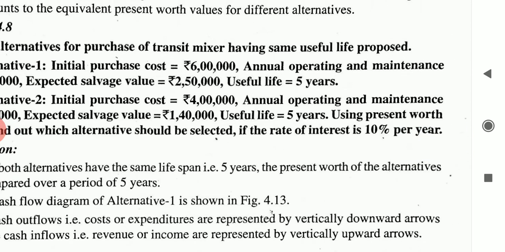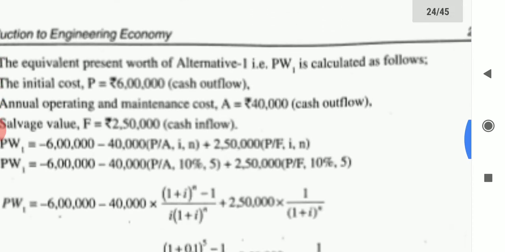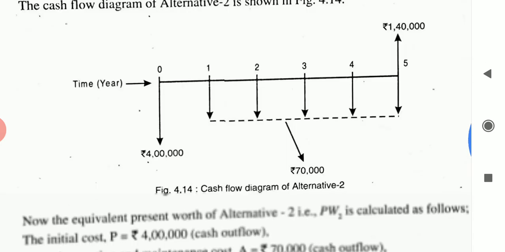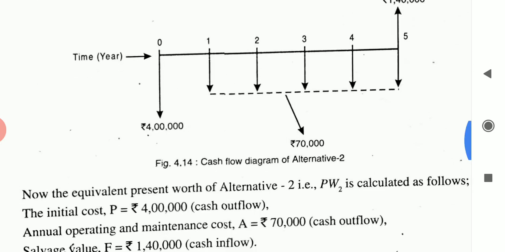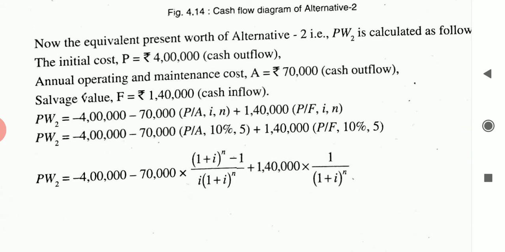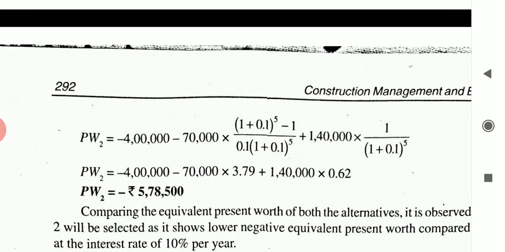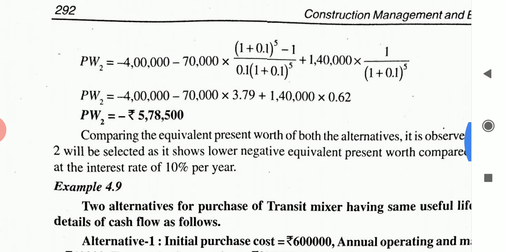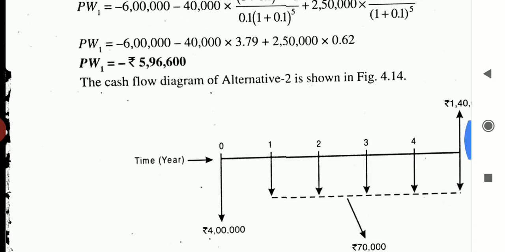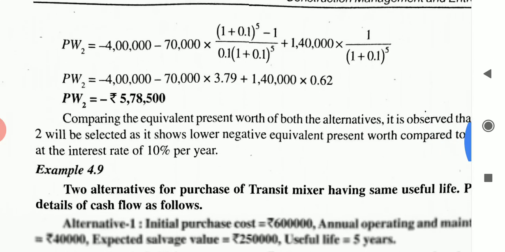Useful life is 5 years and i is 10%. So by using this data, we will draw the cash flow diagram, and the same formula will apply. PW2 for alternative 2 is 5,78,500 rupees. Okay, in these cases, which one is higher and which one is lower? The second one is less.